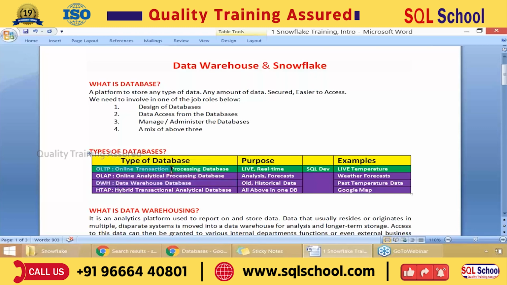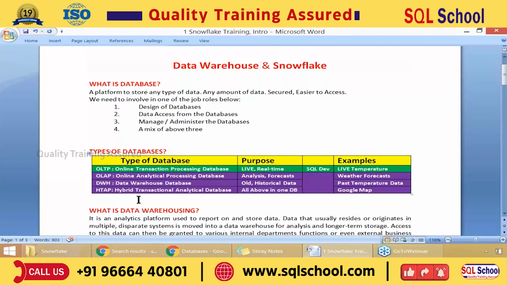A mix of OLTP plus OLAP plus data warehouse is equal to HTAP, hybrid transactional analytical database, like an all-in-one database. Like for example, Google Maps: live streaming, live location plus expected time of arrival is OLAP, plus past navigations is warehouse.